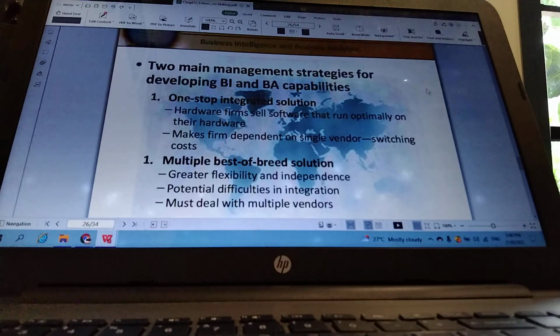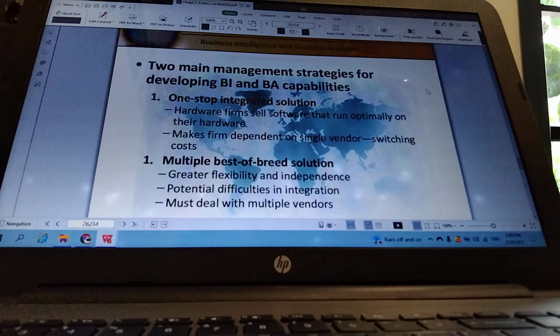The reason is that BI and BA has greater flexibility and independence, but features potential difficulties in integration, as you must deal with multiple vendors. So instead of all that, they just look for one particular vendor, maybe the best vendor, the best option, and then they go for it, instead of having multiple vendors or multiple sources or multiple options.